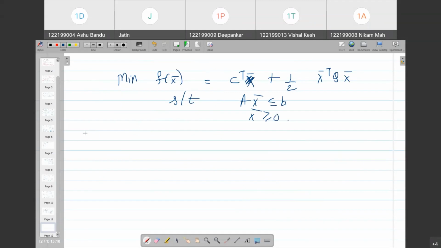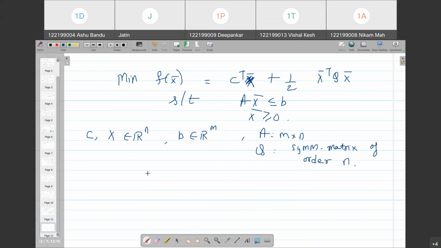Where C and x are vectors in Rn, B is a vector in Rm, A is an m cross n matrix, and Q is a symmetric matrix of order n. One can always write a QPP in this form.